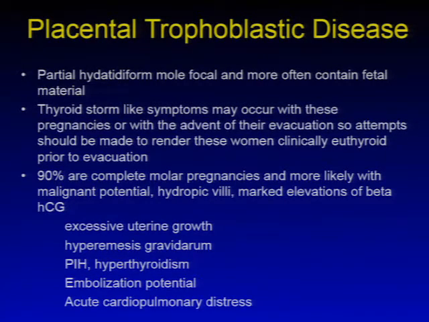However, 90% of molar pregnancies are complete molar pregnancies and more likely to have malignant potential, hydropic villi, or marked elevations of beta HCG. They also are more likely to have excessive uterine growth, hyperemesis gravidarum, hyperthyroidism or hypertension, more likely to embolize or cause acute cardiopulmonary distress.